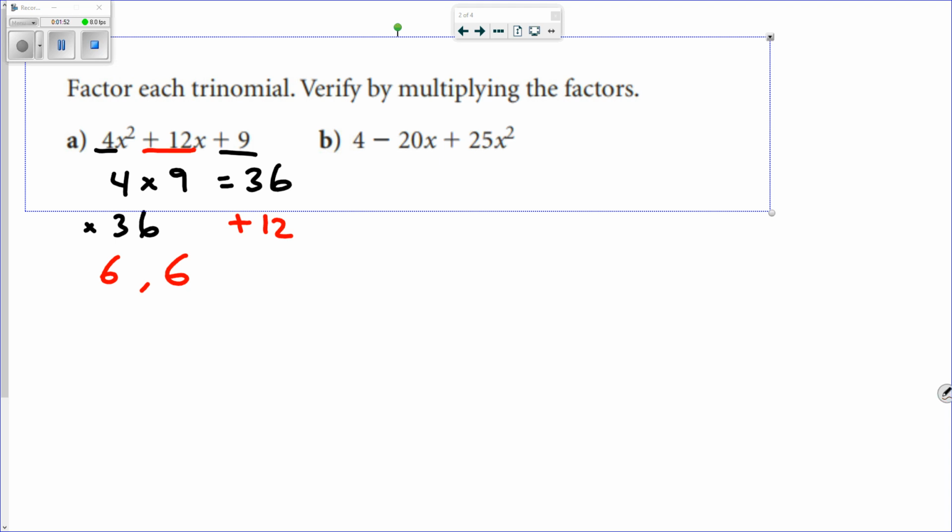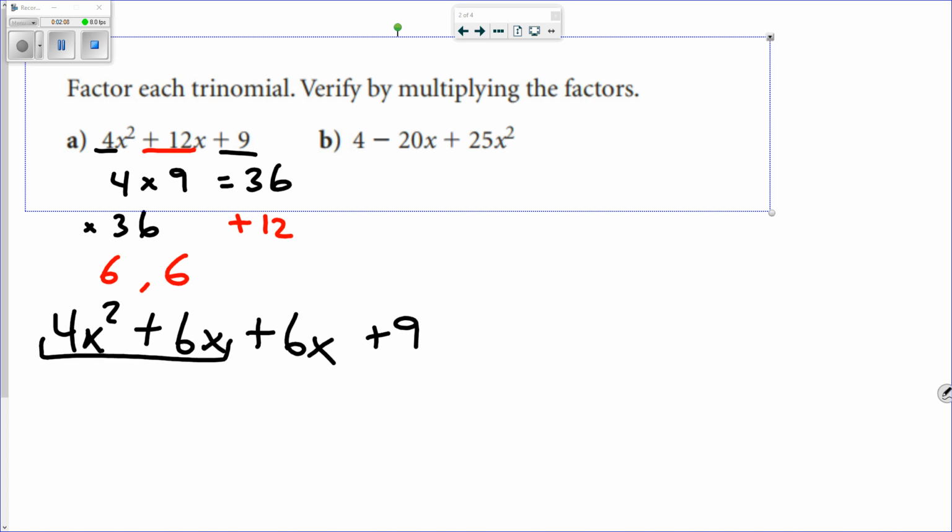So let's do that. We have 4x squared plus 6x plus 6x, right? That's our 12x. We've just split it up into two parts, and our plus 9. So now we're going to look at each section separately.